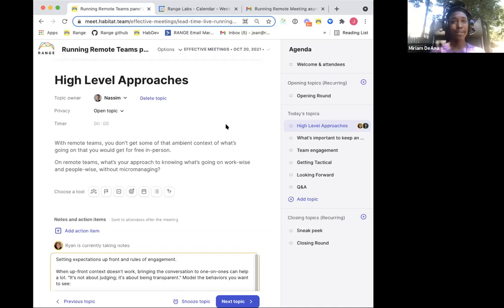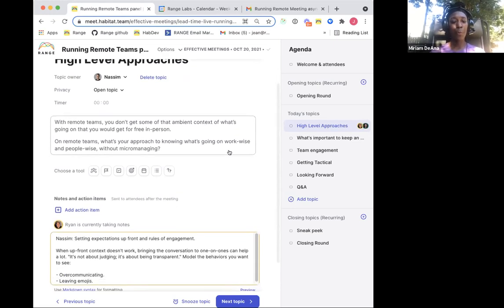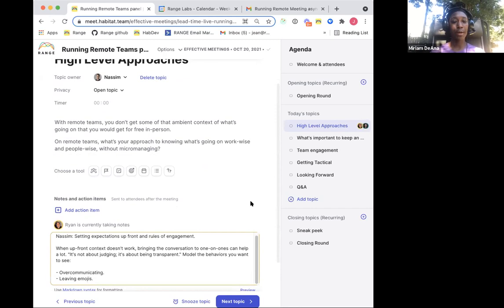I like what Nassim said about clear expectations and being explicit about those. I think whenever we make space and normalize regular updates, it doesn't feel like a task or like micromanaging, but we all are giving updates.